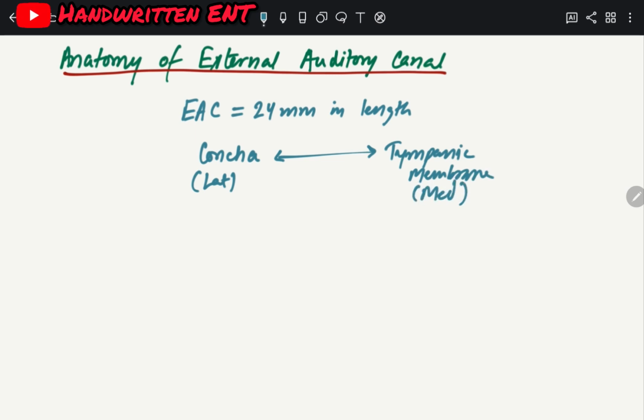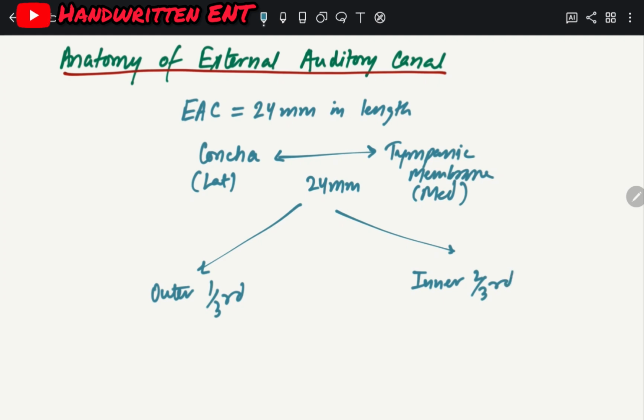And its total length is 24 millimeter. And it can be divided into outer 1/3 and inner 2/3. So the outer 1/3 is cartilaginous and inner 2/3 is bony.